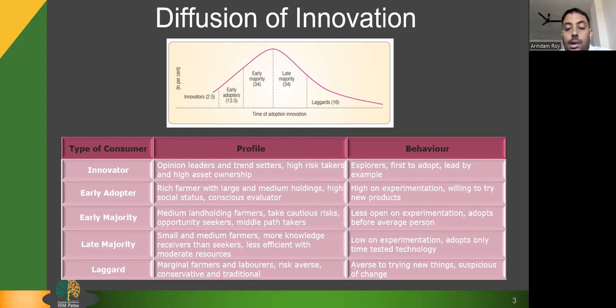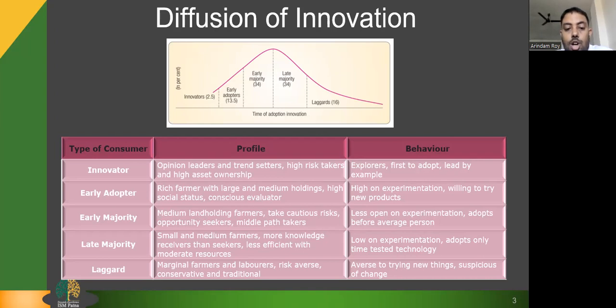They are going to test the product against the standards set by these people, with the help of experimentation. They would have a willingness to try new products, but they are not going to choose any product just because it is made available to them. So they are going to experiment with it.